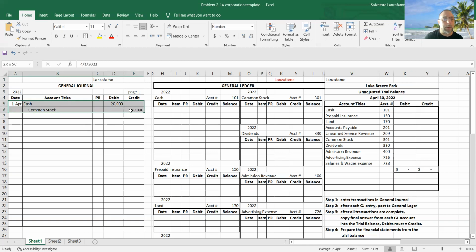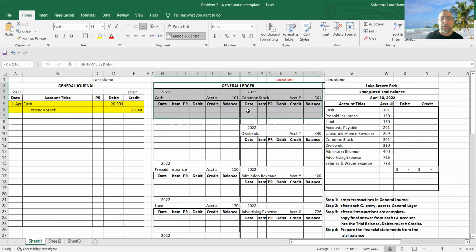Let's color code these as we go along so that it's easy to follow. Once you've done the journal entry, the next thing you want to do is copy, or in accounting terms, post it to the ledger. You're going to hear me say throughout this process, it sounds like a dance move, but it's a step 1, step 2, step 1 dance. The general journal is what I refer to as step 1.